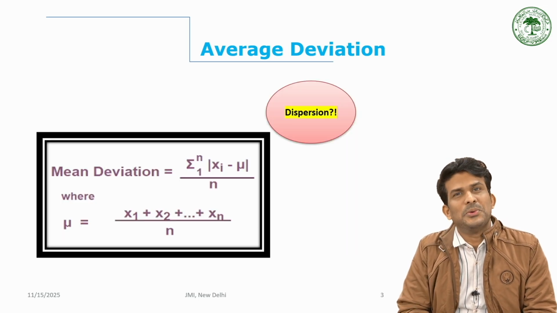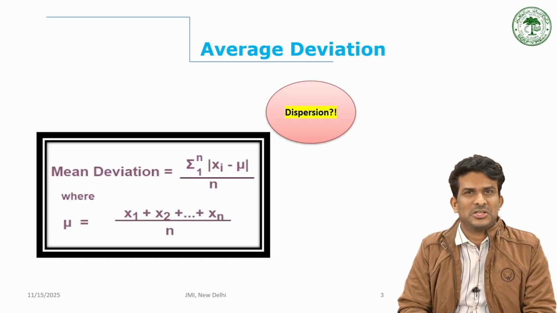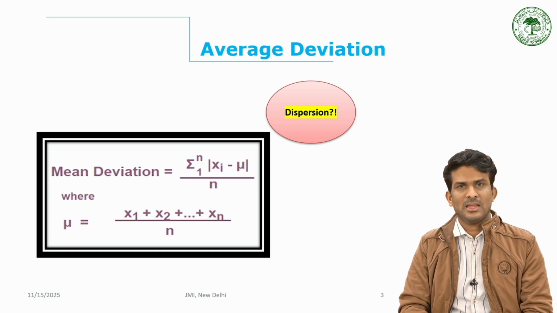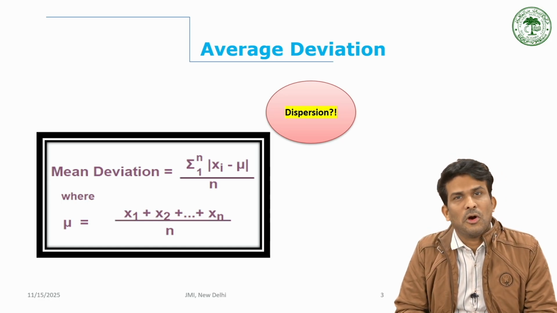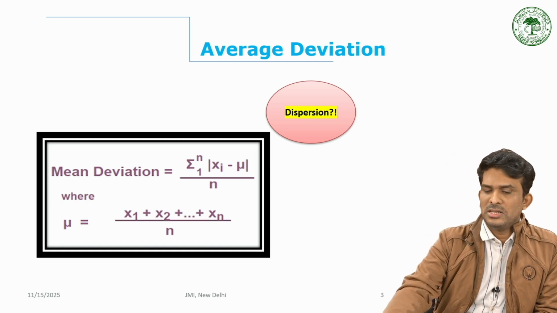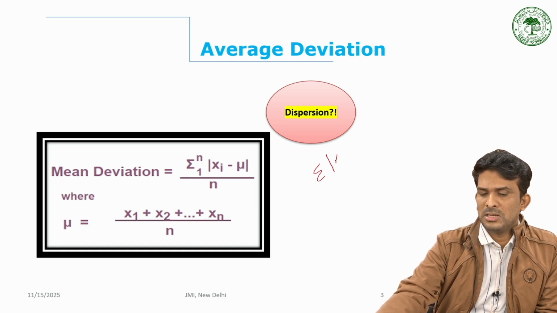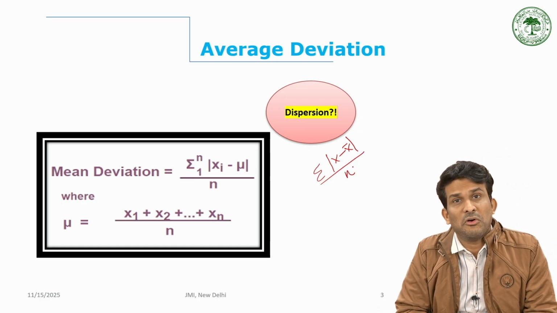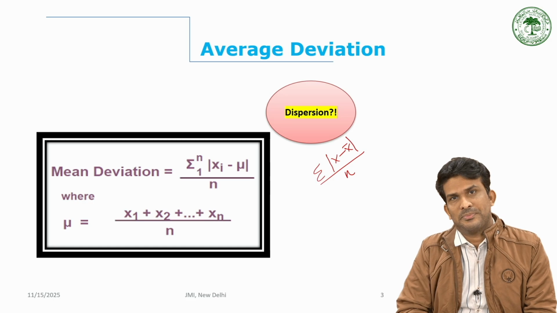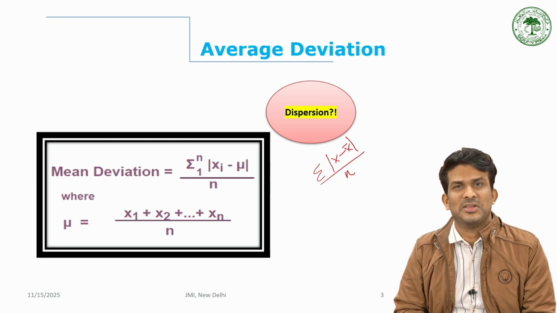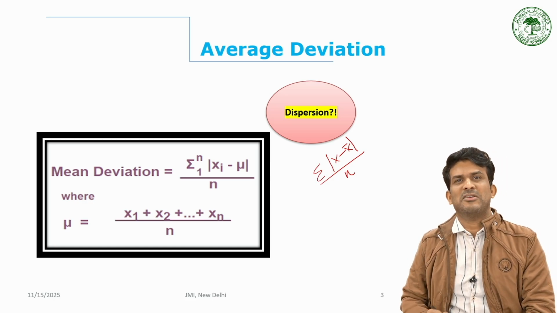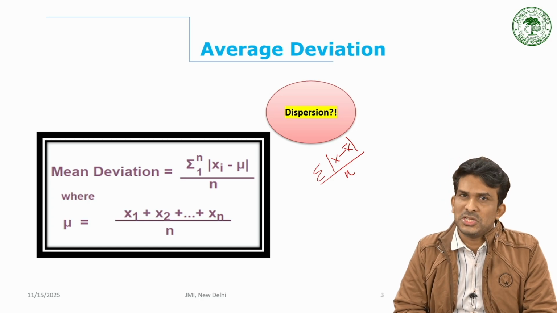Let us compute and find out how the calculation is done. Average deviation or mean deviation is sigma of modulus x minus x bar upon n. This is the equation for raw data. For descriptive statistics, we go for raw data and for grouped data, that is, a frequency distribution.